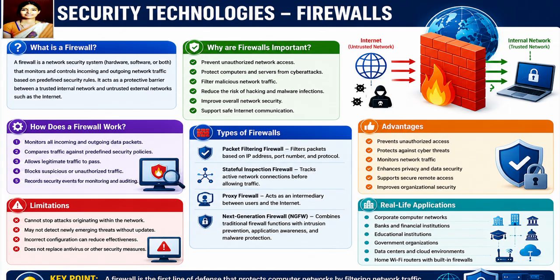Next is proxy, which is an intermediary between the user and the internet. Another type is next generation firewall, which combines the traditional firewall function with intrusion prevention. So this is called next generation firewall.